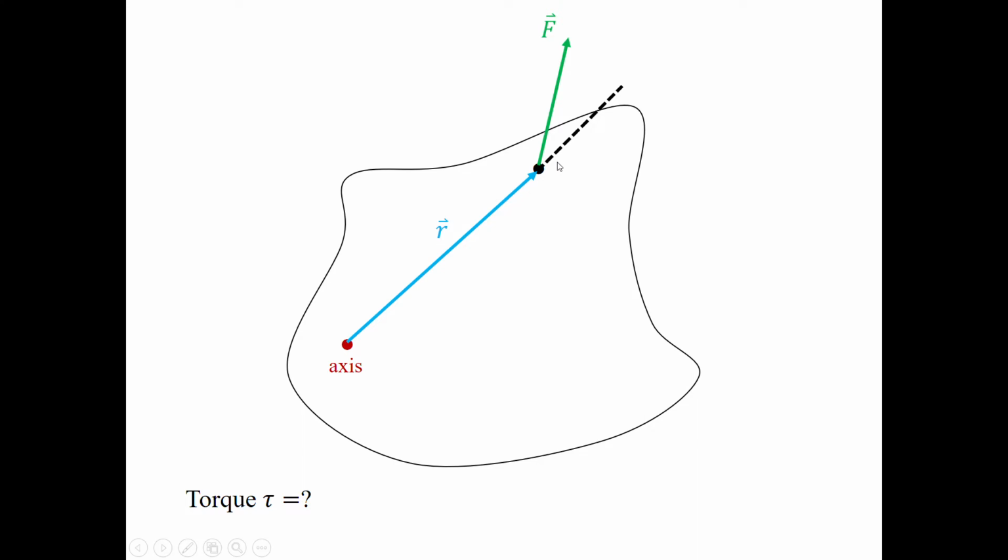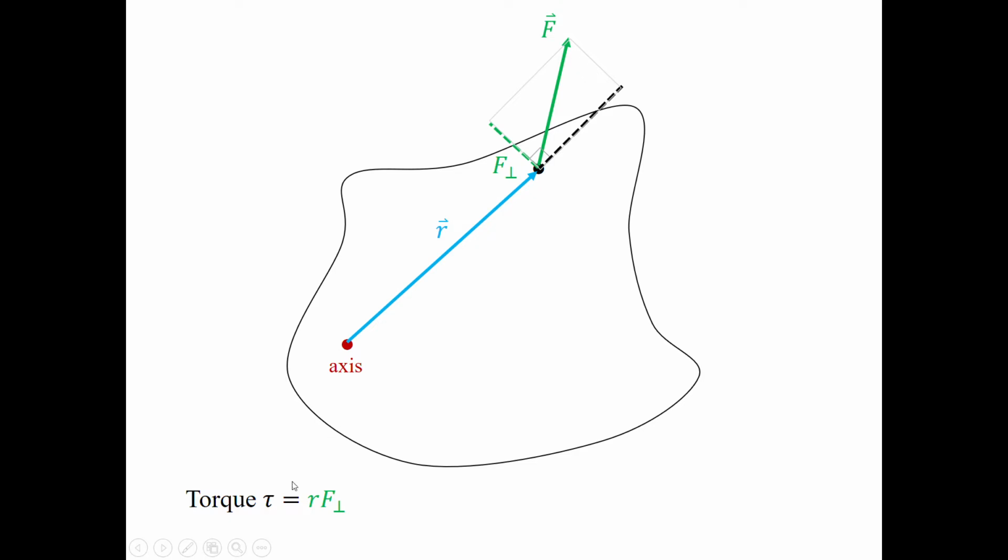So I'm going to continue this vector on. If I extend R outward there, we'll label the perpendicular component of F, or we could call it tangential, but usually I call it perpendicular. Perpendicular to what? Perpendicular to that R direction. So the component of F which is perpendicular to the R direction we'll label as F perpendicular.